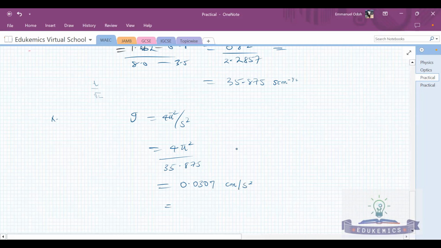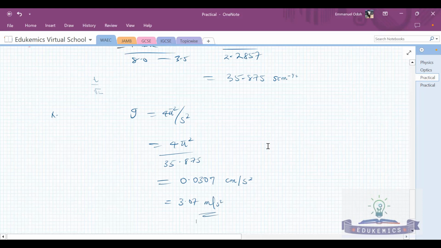So you can multiply it by 100 to get 3.07 meter per second squared. So that is the value of G there.